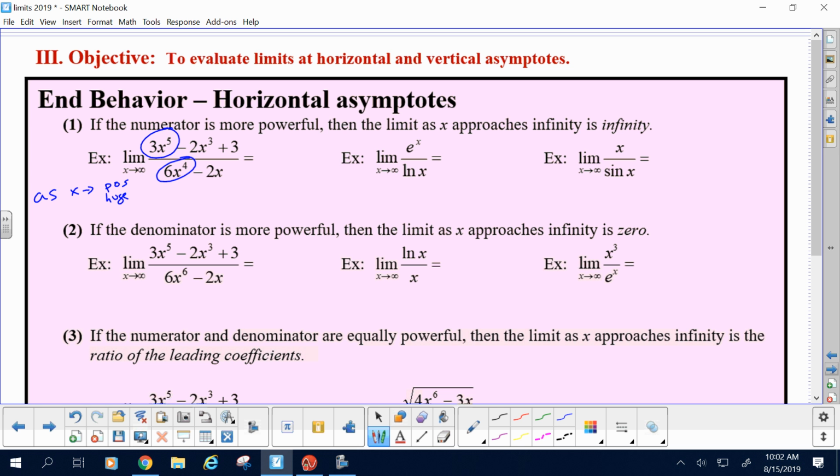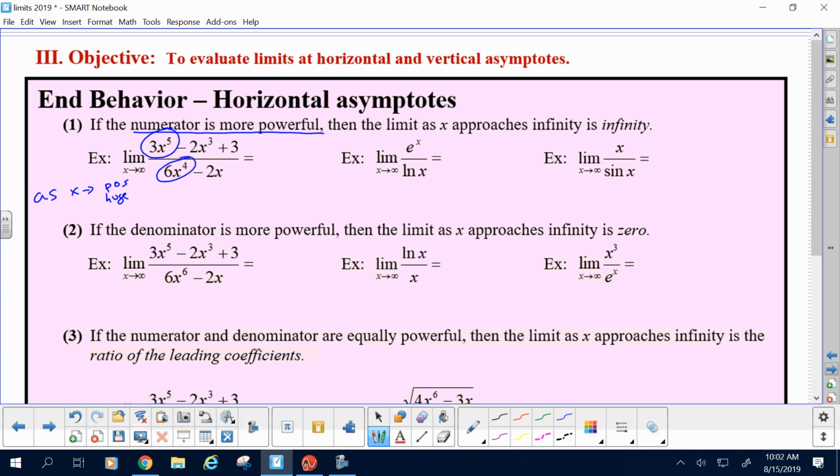Now, in terms of how those two compare, that's where I get to how the numerator and denominator compare. If the numerator is more powerful, which I think you'll agree in this case it is, because x to the fifth is more powerful than x to the fourth, then the top of the fraction grows bigger faster. If the top grows bigger faster, I erase them all, then what kind of numbers do I approach? Oh, they'll get huge.